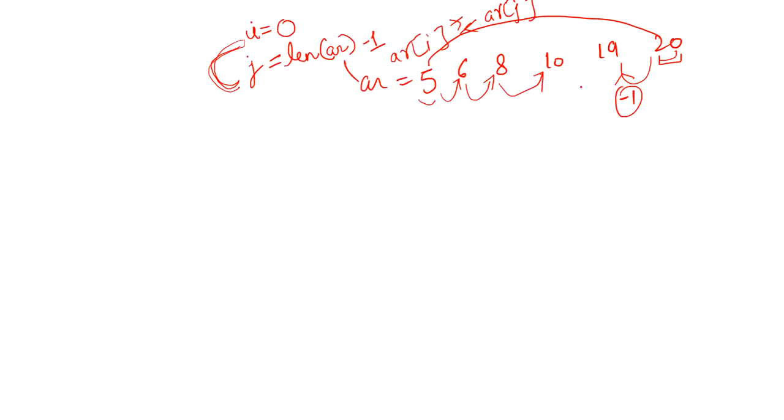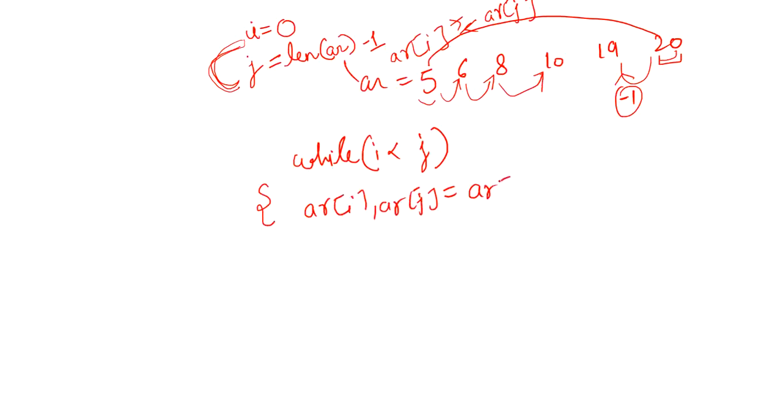For example, we will take a while loop and put the condition while i is less than j. What we can do is simply swap the value at i with the value stored at j, like this. This is just a kind of pseudo code, not the actual implementation.